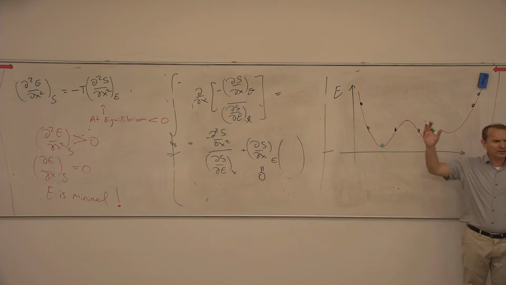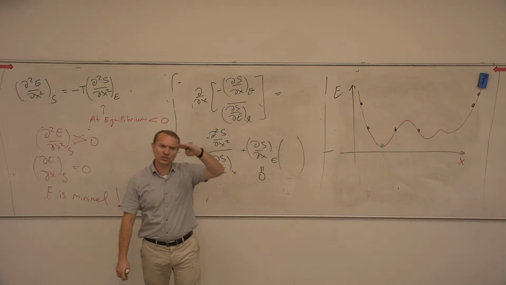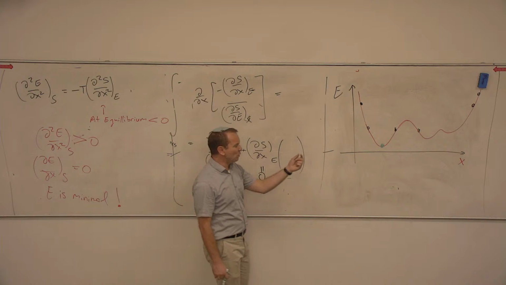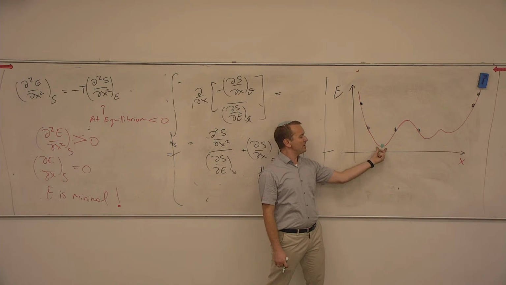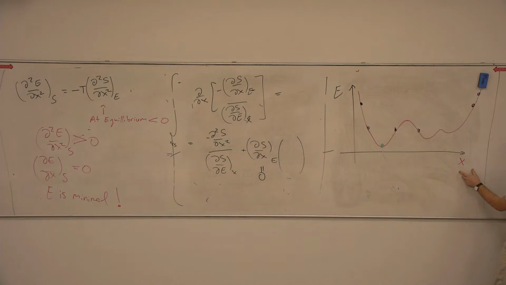So you have many different energies. The system can obtain different energetic levels. But eventually what you have to do is choose the minimal value of the energy as a function of your coordinates. You say, this is equilibrium.